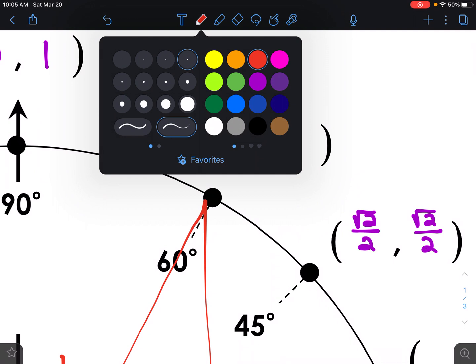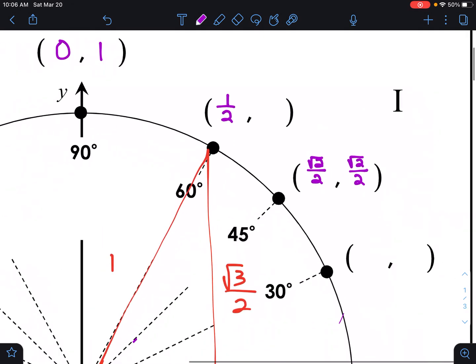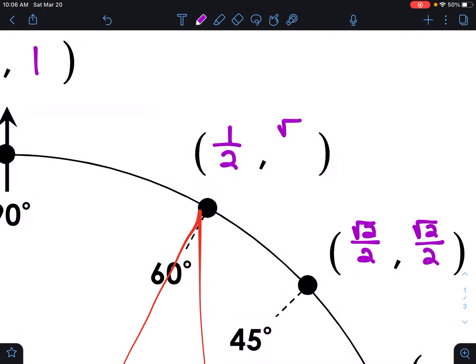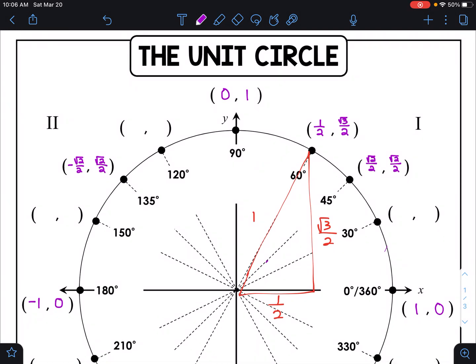So let's maybe go back to this is 1/2. Okay, and y is square root of 3 over 2. That's the distance up. Okay, so now using this as my template, now I can fill out all these other ones.